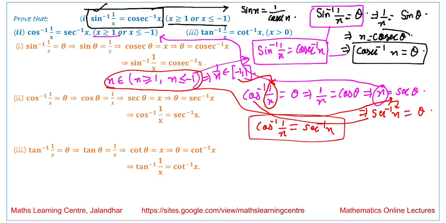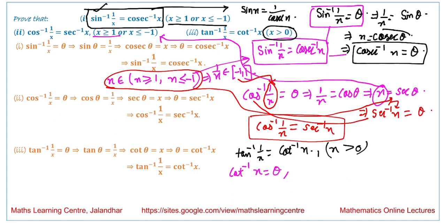Then the next case we have, when x is greater than 0, we have to prove that tan inverse of 1 by x is equal to cot inverse of x. So suppose cot inverse of x is equal to theta, and x is given to be greater than 0.